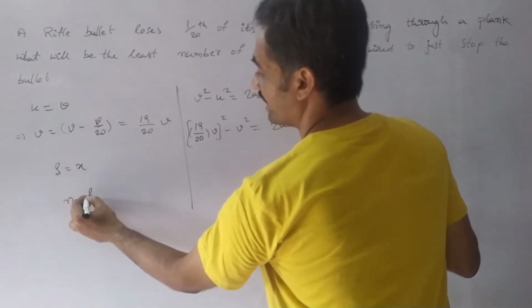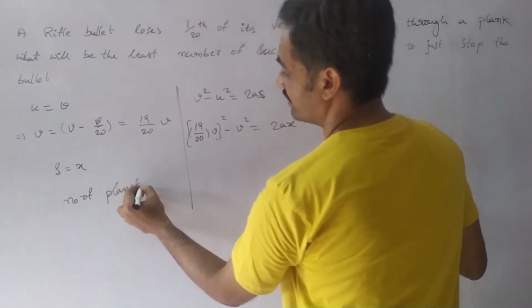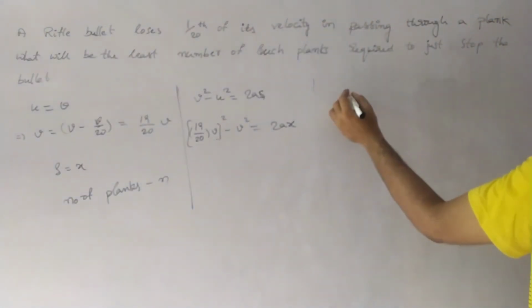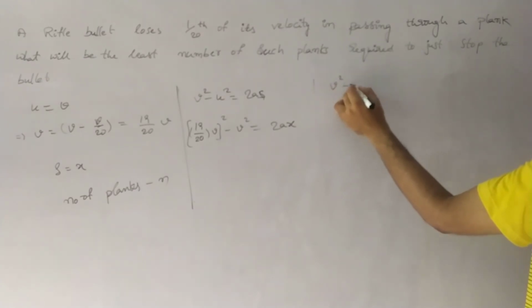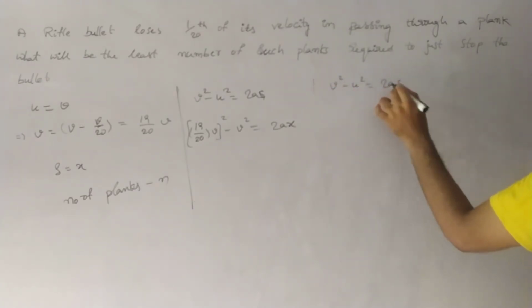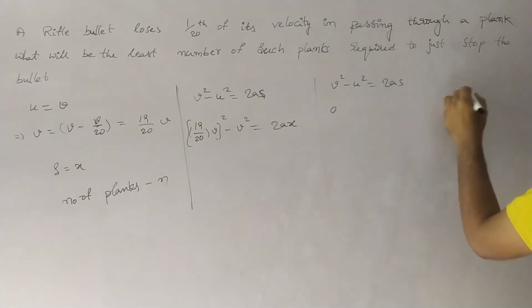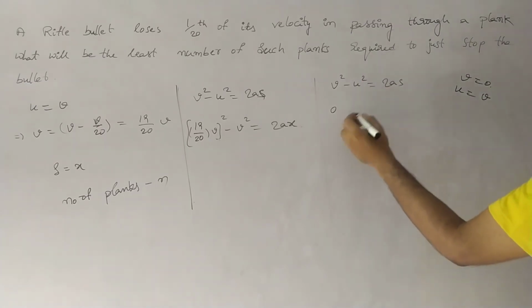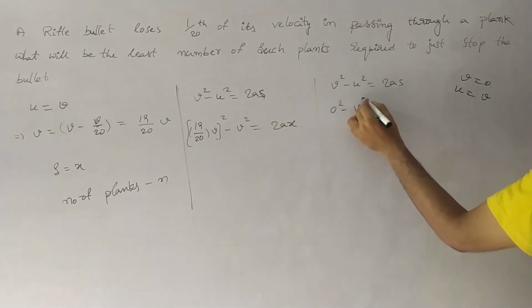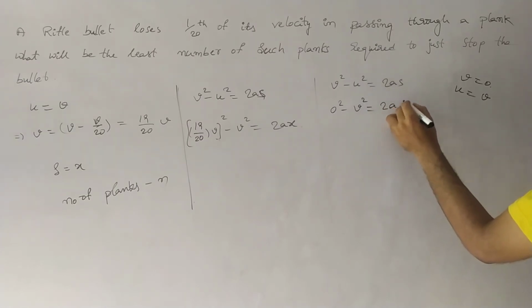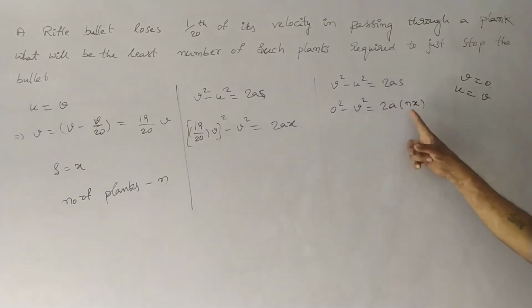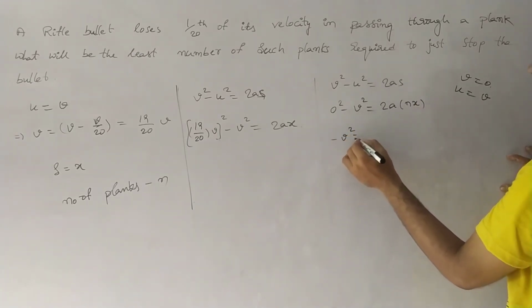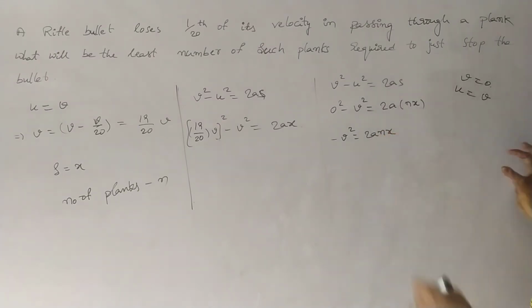Then if we substitute again, we have v square minus u square equals 2as. Yes, the bullet has to come to rest position, then its final velocity will be 0, and the initial velocity is considered as v. On substituting, we have 0 square minus v square equals 2a into n into x, number of planks into width of each plank. Based on this, we have minus v square equals 2a(n)x.